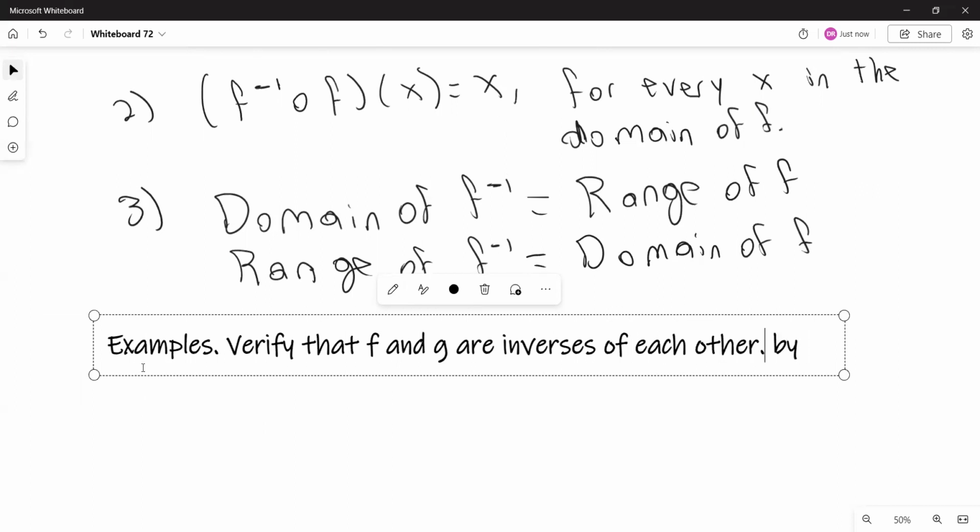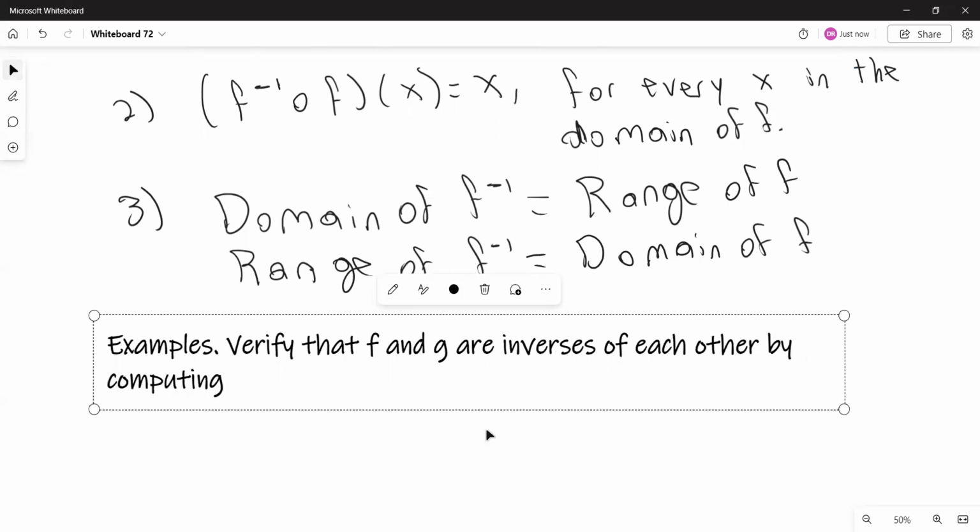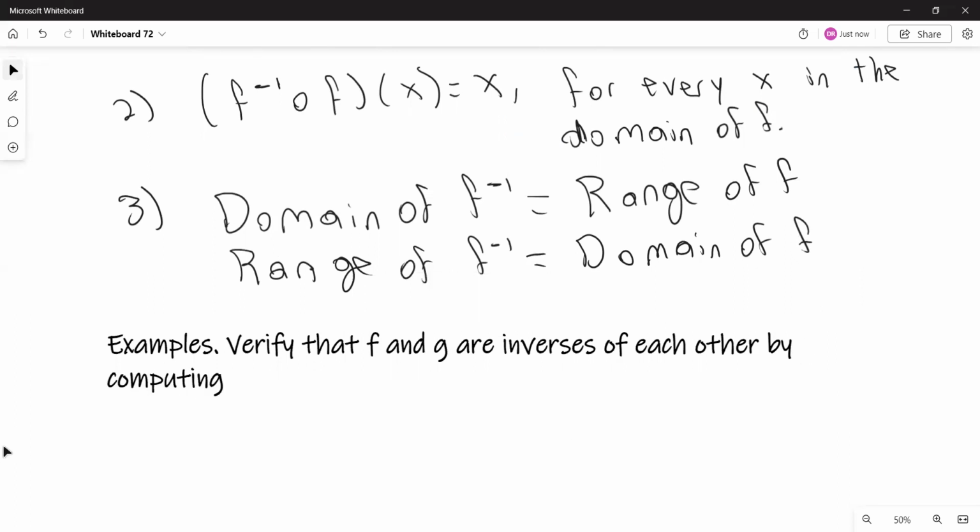And we're going to do that by computing the composition of f and g and the composition of g and f. So if one of them is equal to x, the other one will be equal to x as well.